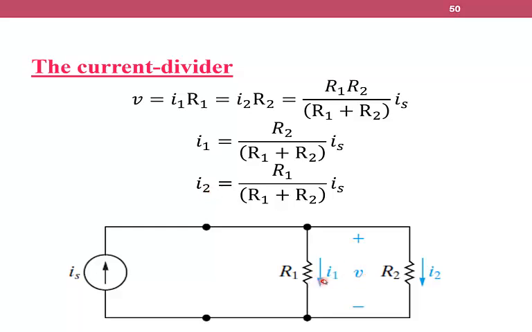So for example, if I am going to get I1, it means IS multiplied by R2 over R1 plus R2. And if you need to get I2, it means IS multiplied by R1 over R1 plus R2. So here you are getting the opposite.